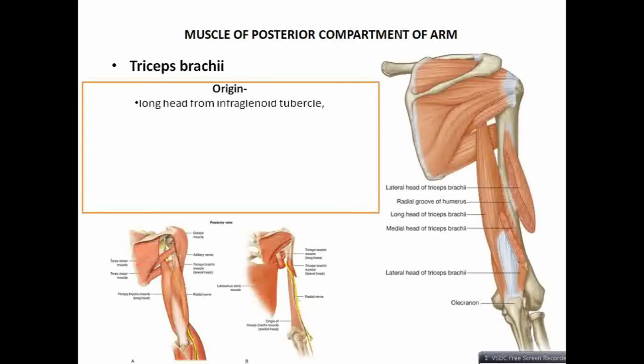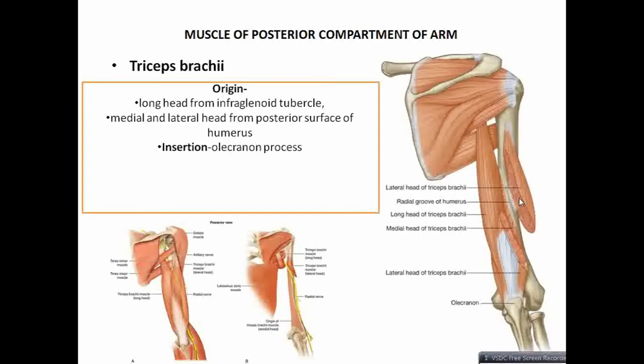Origin: long head originating from the infraglenoid tubercle on the scapula. Medial and lateral heads arising from the posterior surface of the humerus. So this is the lateral head. When you cut the lateral head, you can see the medial head also. Both are arising from the humerus. Insertion to the olecranon process of the ulna.